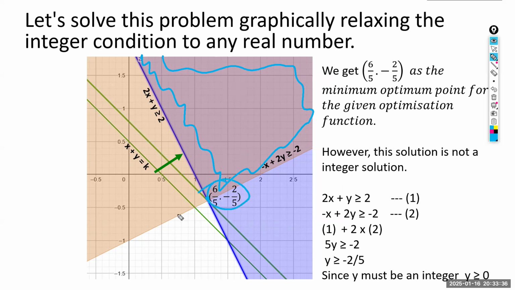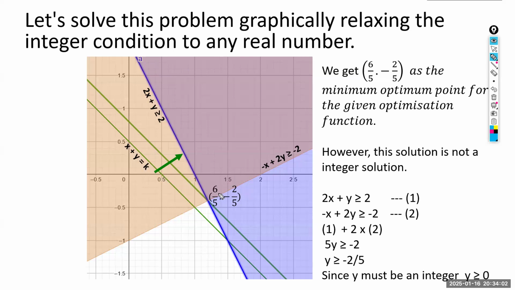Okay. So that is our starting point, or we have done step 1. Then you can find the minimum value by substituting x as 6 divided by 5 and y as minus 2 divided by 5. So basically, this minus this, that is 4 divided by 5.